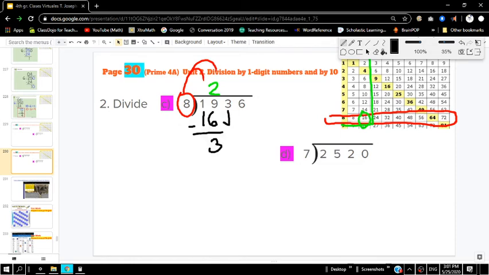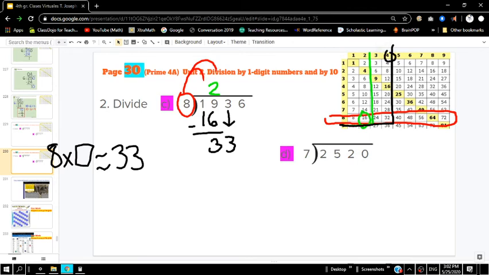And I'm going to bring down my next number. All right, 8 times what number is approximately 33? Well, if we look at our multiplication table, I see that 32 comes very close. 8 times 4 is 32. 32 is the closest it comes without going over.